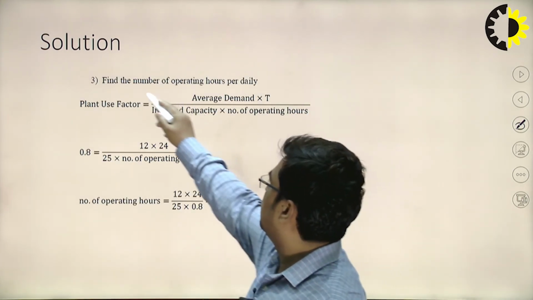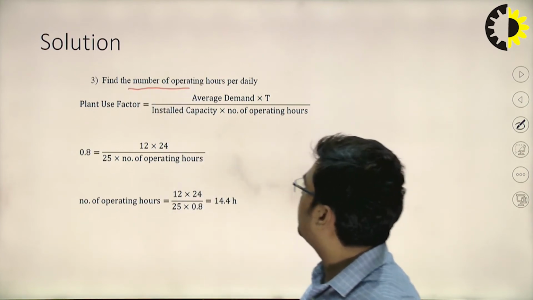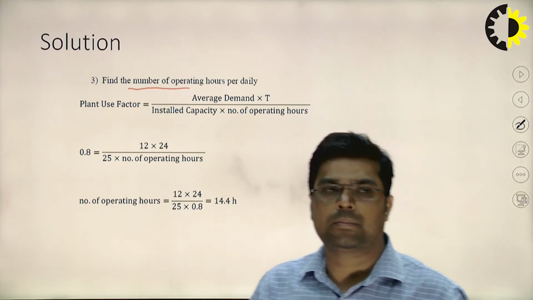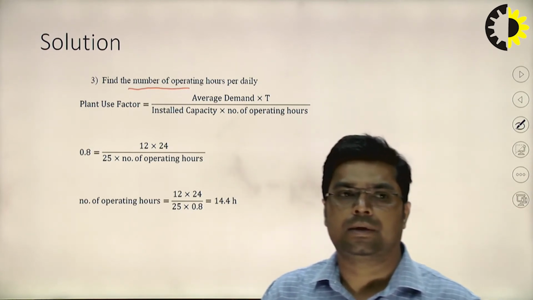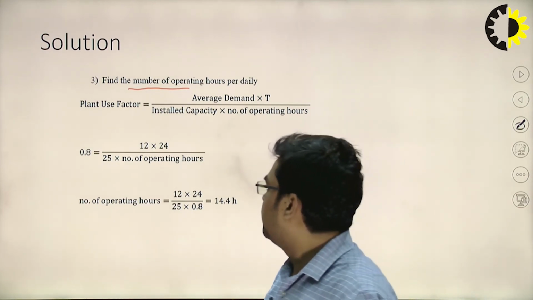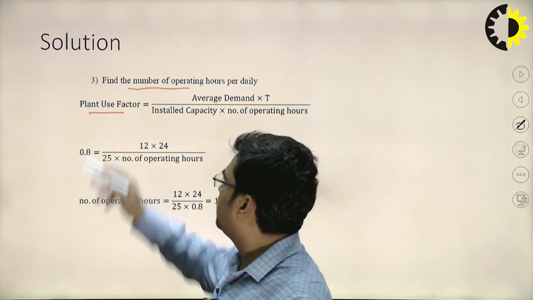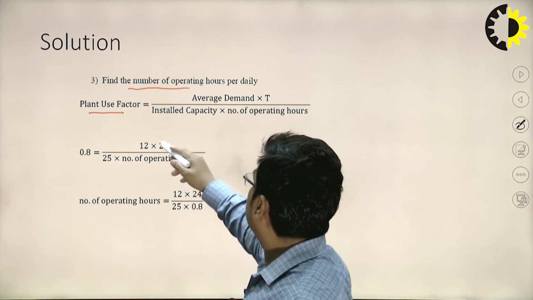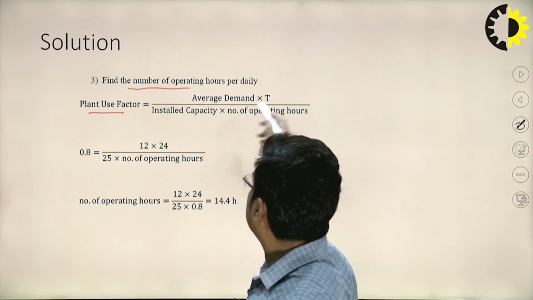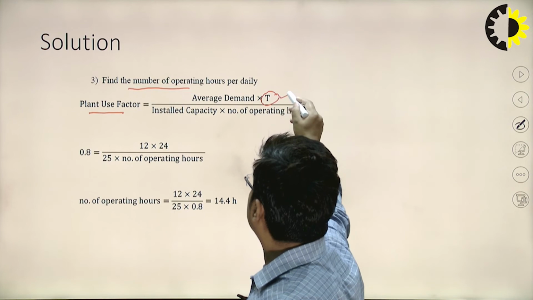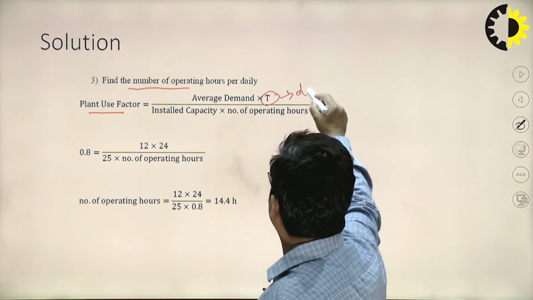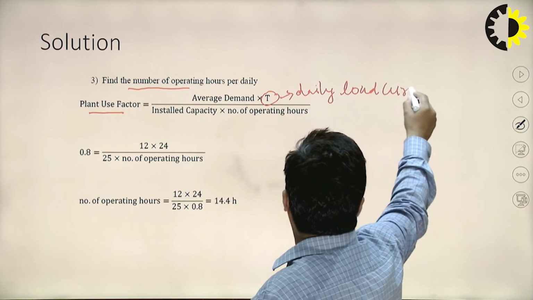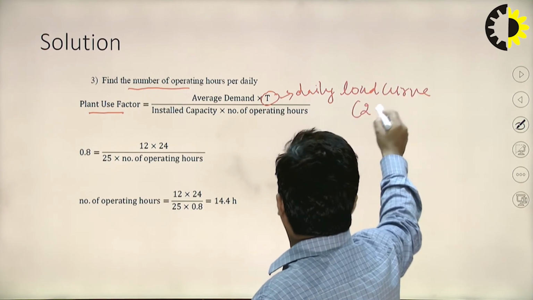Now we have to calculate the number of operating hours used daily. In this problem the plant use factor is given as 80%, and the average demand we have already calculated. The duration is for the daily load curve, so this is 24 hours.